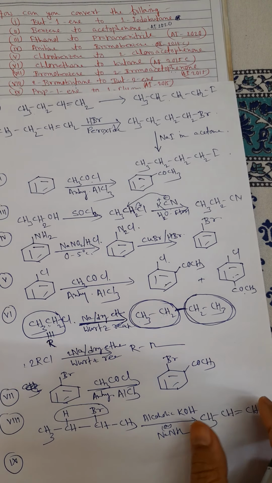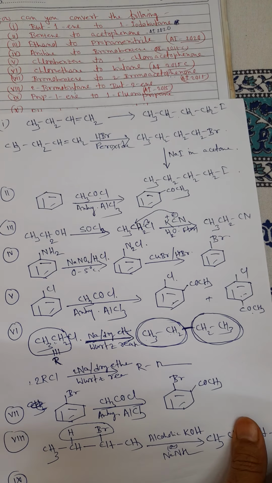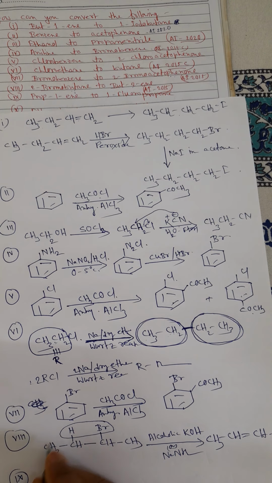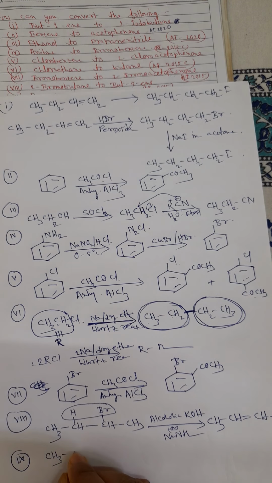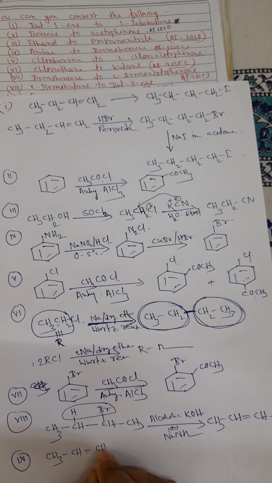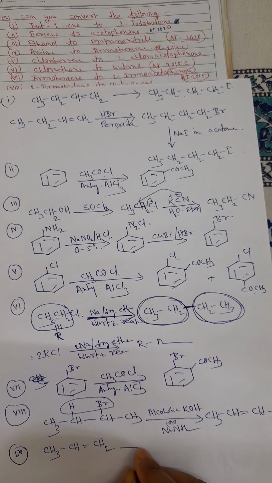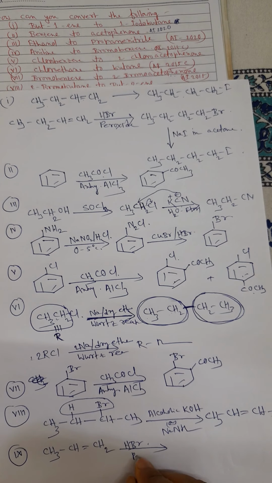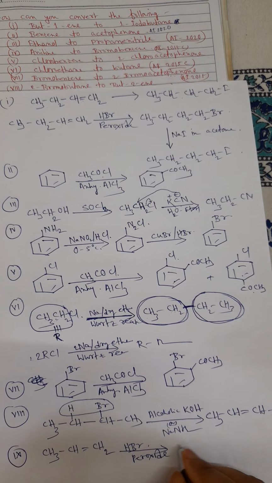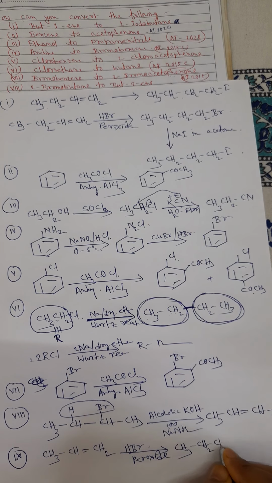Now let's come to the next question, question number 9: prop-1-ene to 1-fluoropropane. When prop-1-ene is treated with HBr with peroxide, then you will get 1-bromopropane.